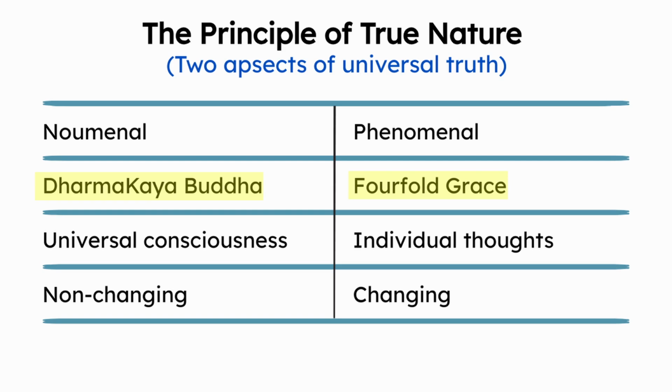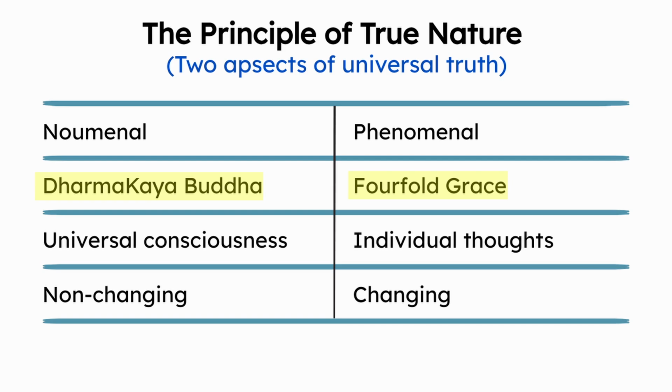Fourfold Grace is more manifestation from the original essence of truth, such as grace of heaven and earth, parents, ancestors, fellow beings, friends, community, laws and teachings. So all the manifestation form, and we call it fourfold grace.